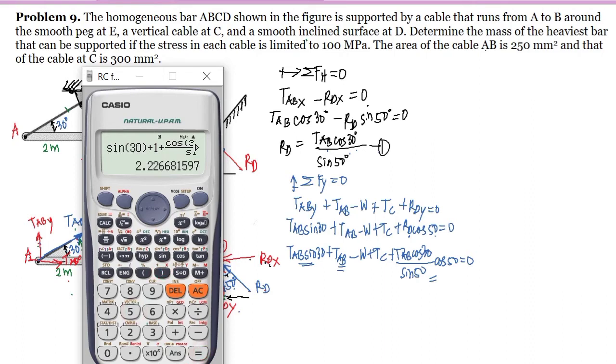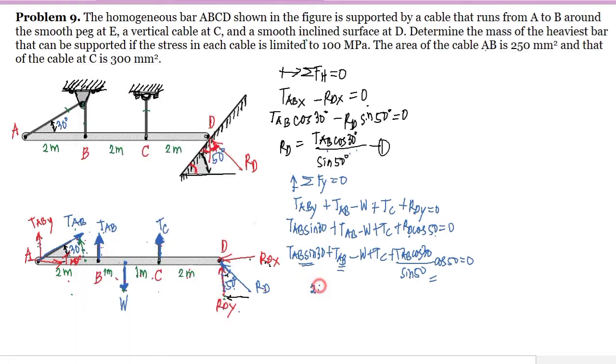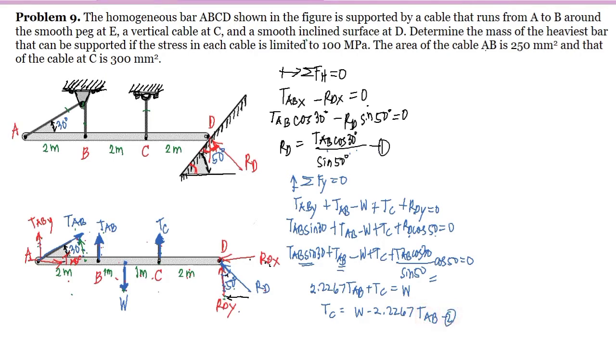This is equal to 2.2267. So we have 2.2267 TAB plus TC equal to W. Now, TC is equal to W minus 2.2267 TAB. And this is our equation 2.